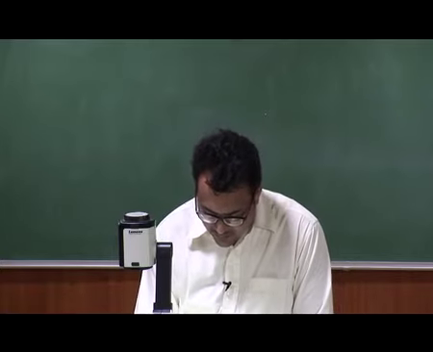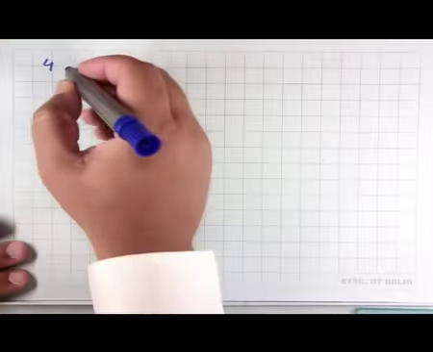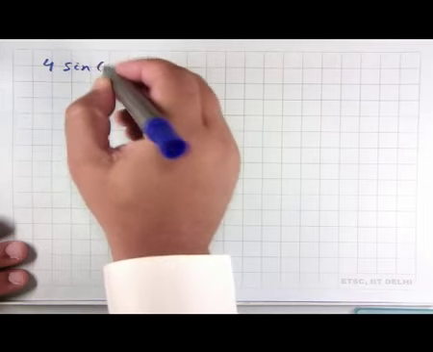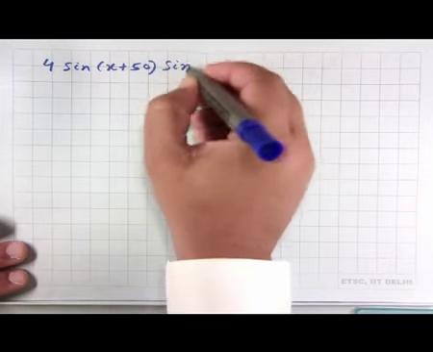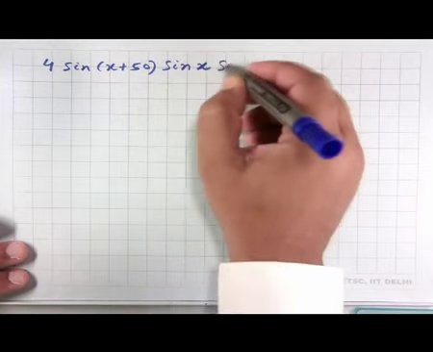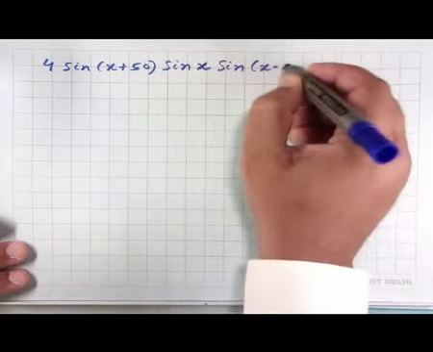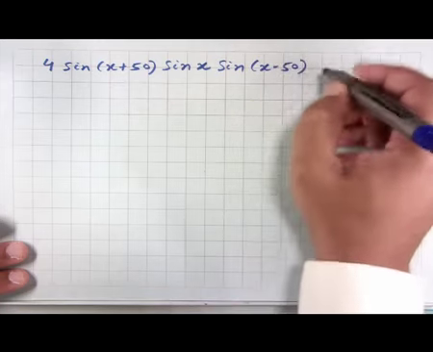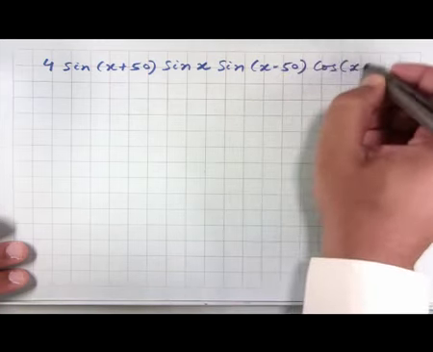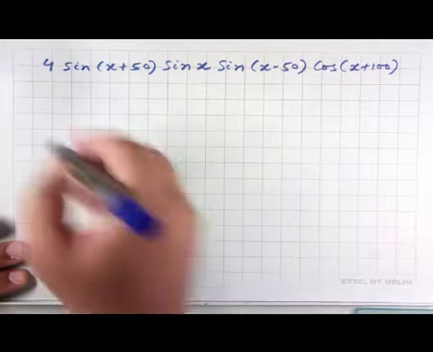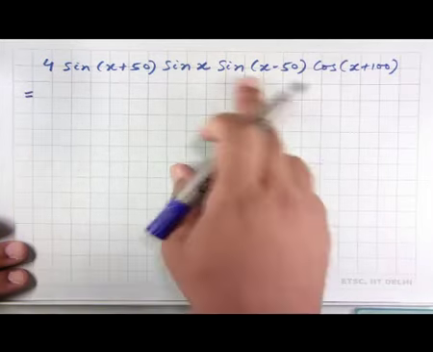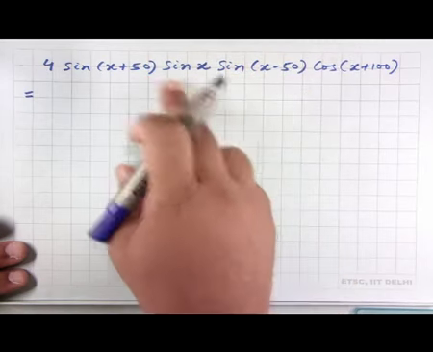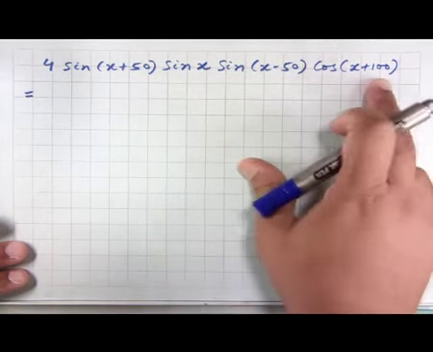So on the right hand side we had 4 into sine x plus 50 times sine of x minus 50 times sine x times cos of x plus 100, and here we will combine sin x plus 50 with sin x minus 50 and sin x with cos x plus 100.